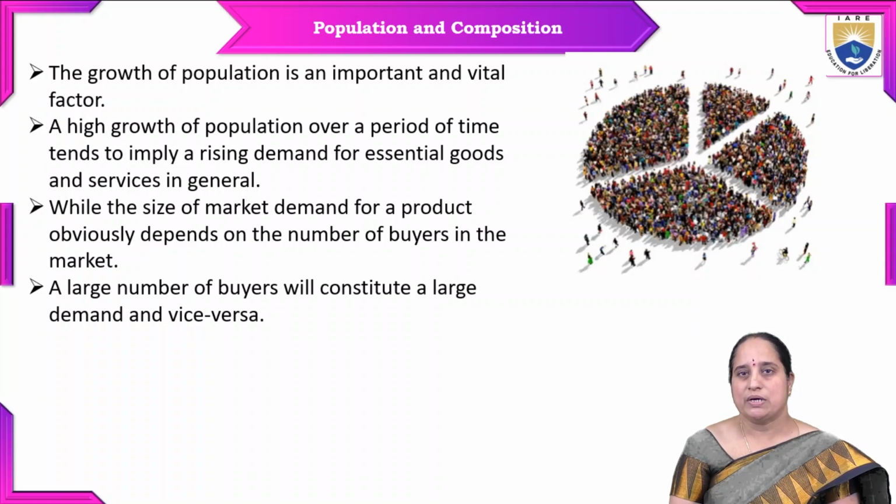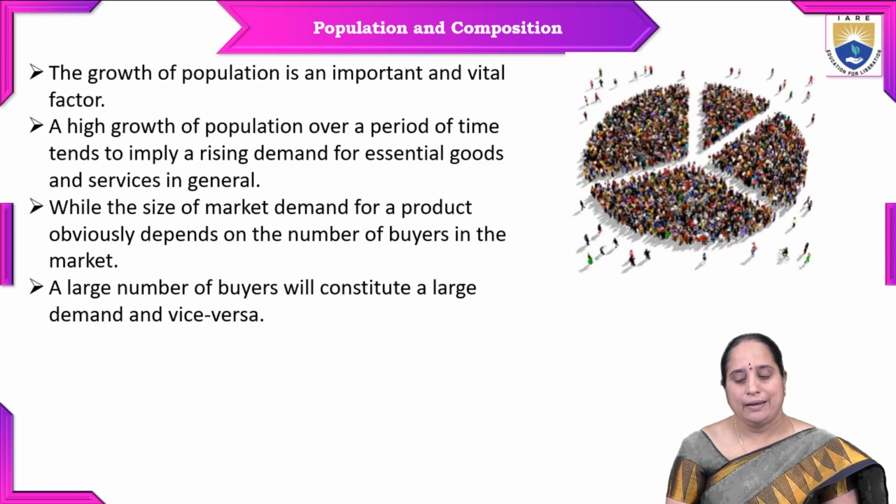The size of the market demand for a particular product obviously depends upon the number of buyers in the market. So how many buyers are there? Based on that, we can decide the demand for a product. A large number of buyers will constitute a large demand and vice versa.